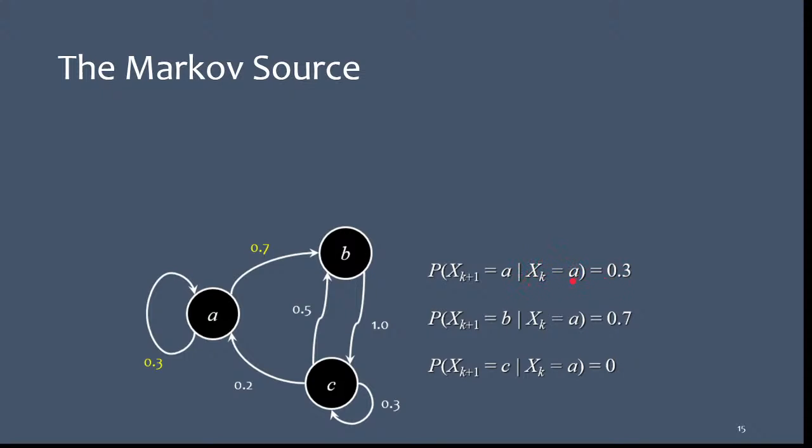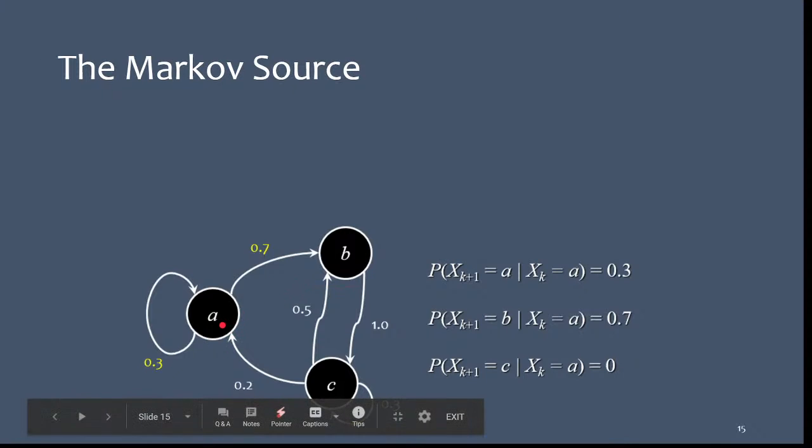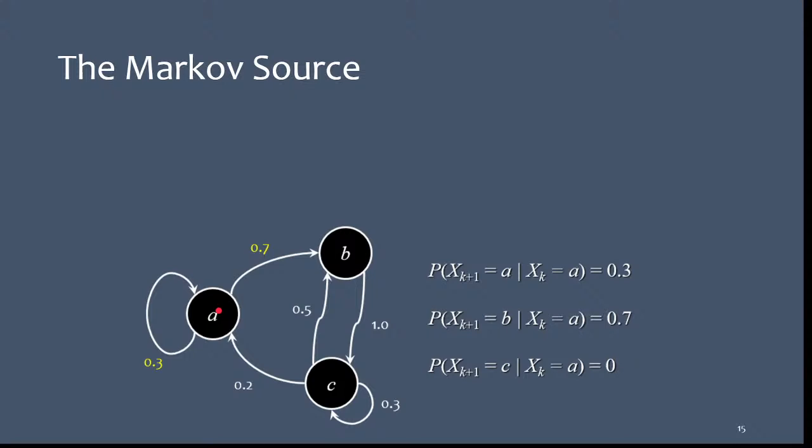When you know the initial state, what's the probability of the next state being A? That is 0.3. From state A, is there any other transition? There is a transition to B, right? So if the initial state xk was A, then what is the probability of xk plus 1 equal to B? That is 0.7.